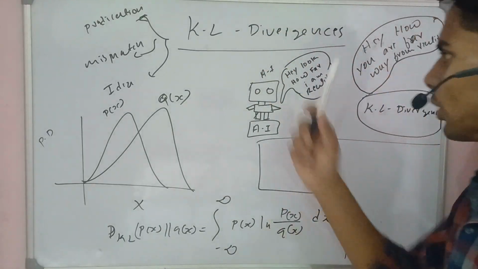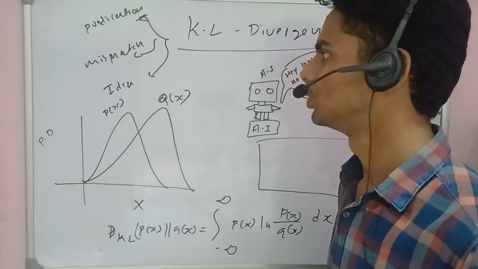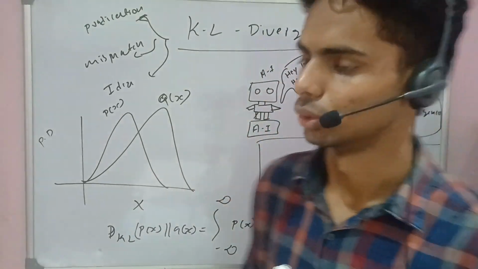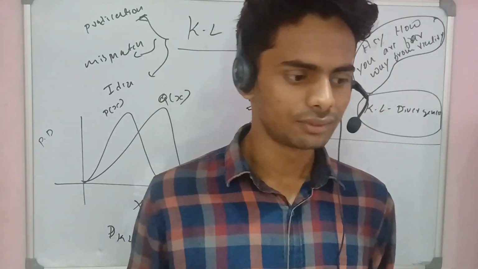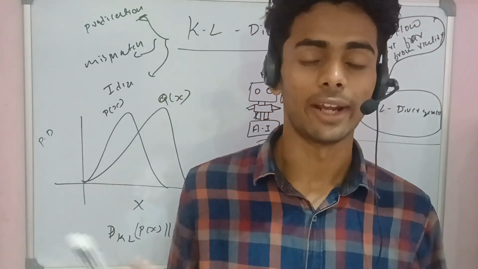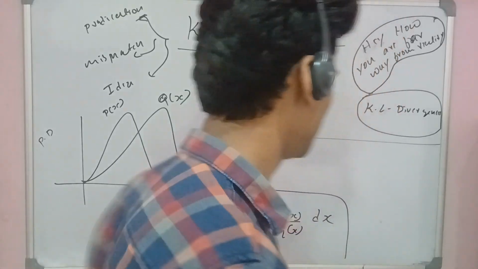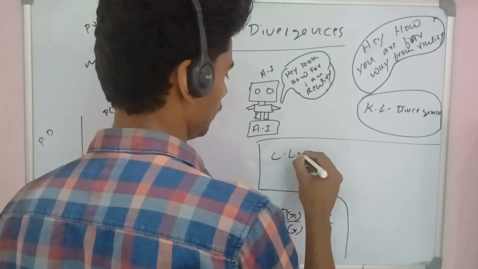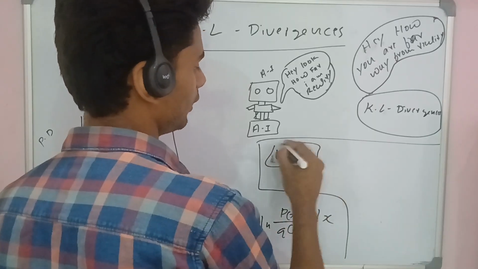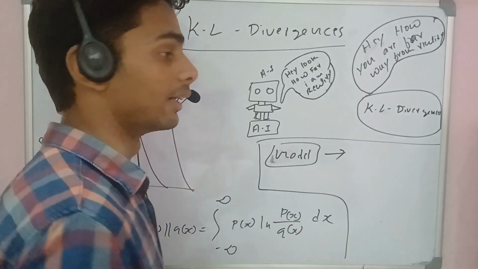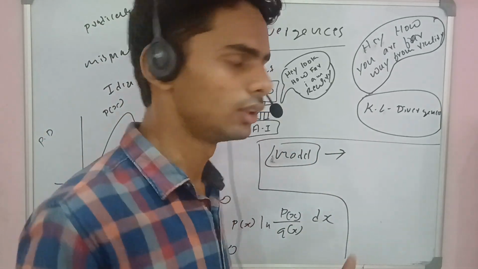When we're talking about KL divergence, it is all about prediction mismatch. Let's suppose you make a model, not an LLM, a weather prediction model that predicts rain.